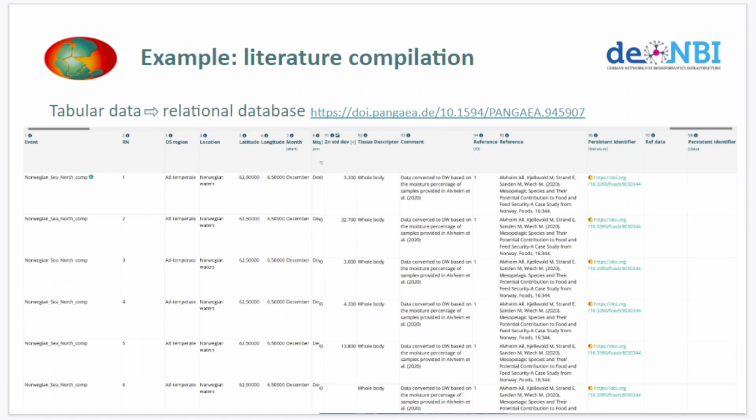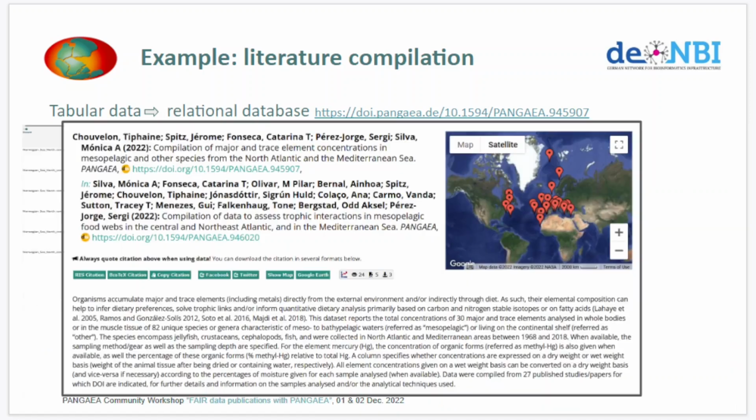This is an example on literature compilation. So individual data that was already published and is then summarized and used in a new way, in a new data set. As usual, you need to give the information about the title and the authors and an abstract. And in this example, you can see what it looks like if your dataset is part of a larger collection.